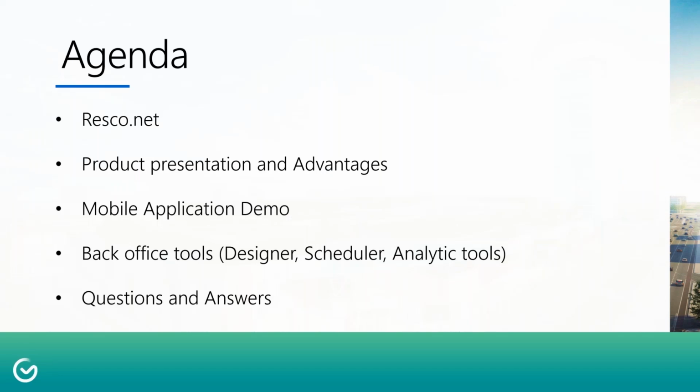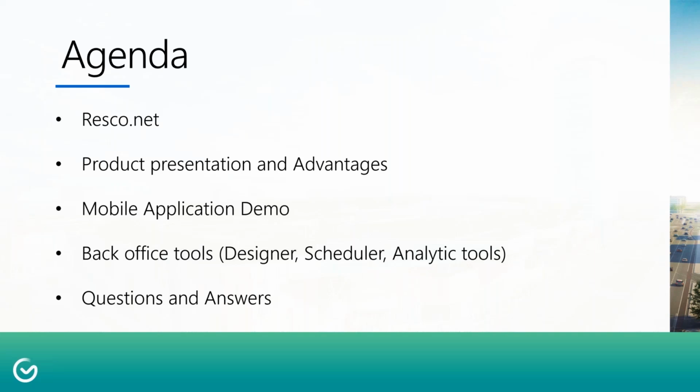Before we start, I would like to go through the agenda for today. So first, I would like to summarize the key information about the company to those who are new here at this webinar. Then I would like to focus on the product presentation. So we will be looking at different elements, functionalities, use cases, and what the product is composed of.